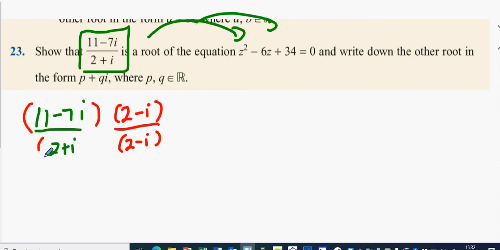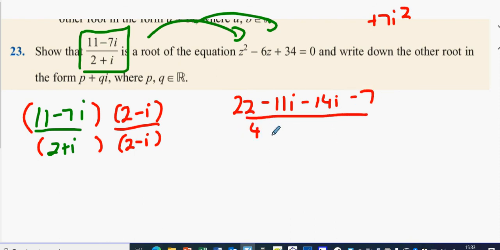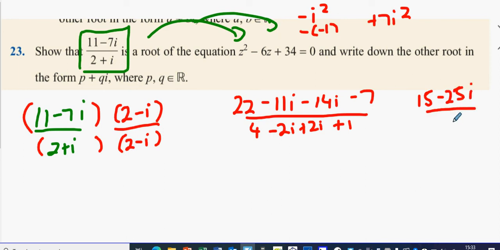And we multiply this out, and we get 22 minus 11i minus 14i plus 7i squared, which we all know is minus 7, all over 4 minus 2i plus 2i, minus i squared, which is minus 1, which is plus 1. You should end up with 15 minus 25i, all divided by 5, which should get you 3 minus 5i.